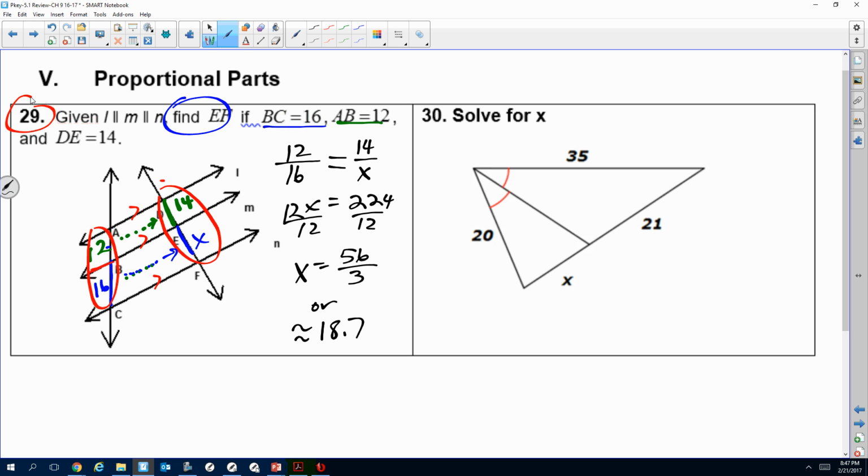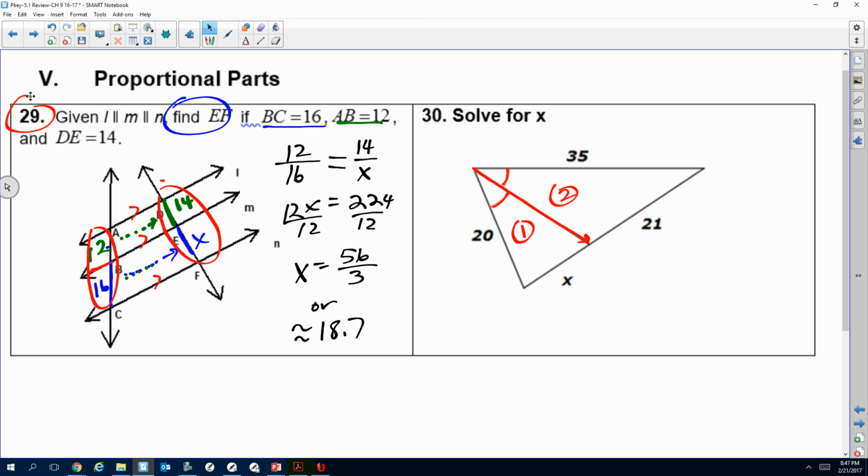Okay, so the side splitter also happens with your angle bisectors. Right here, your angle is being bisected, and it is going to split the whole triangle into two triangles, 1 and 2.